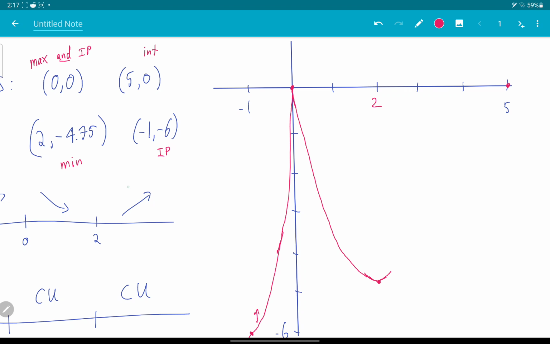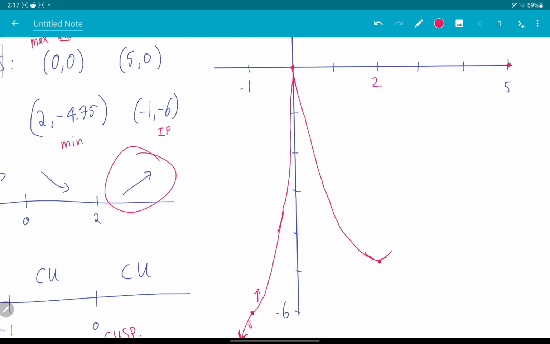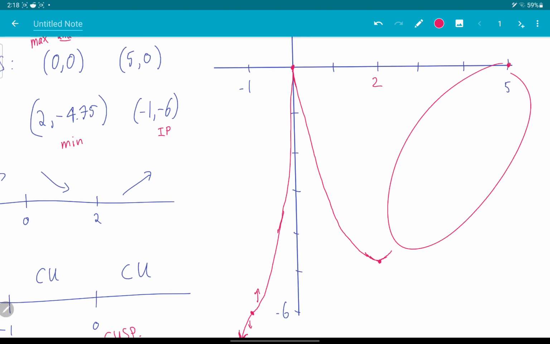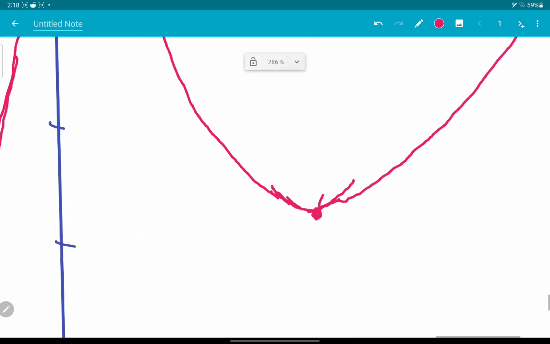Here's 2 here, so I'm going to be increasing and concave up here as I go from the point there to my intercept up here. So let's do that. Oh, why can't I? Too much coffee. Can't keep my hand straight. Ooh.